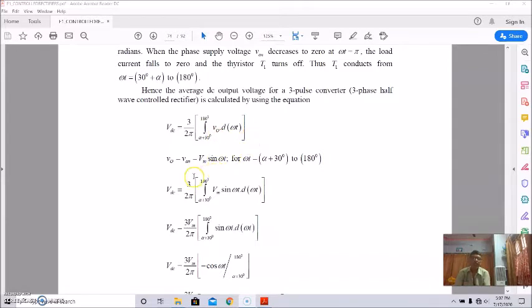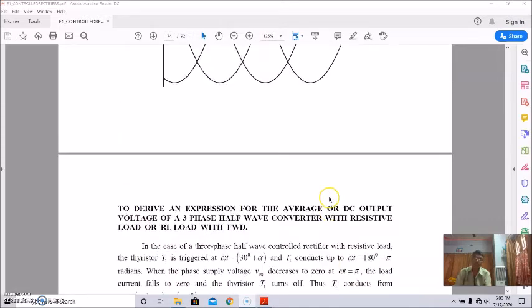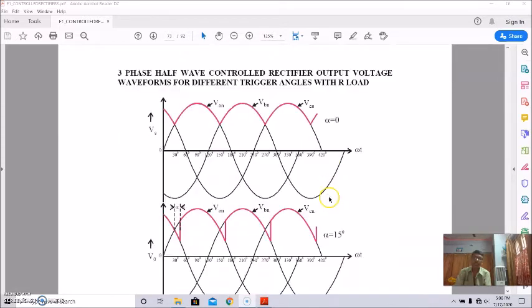And you know this output voltage V0, that is the instantaneous voltage VAN, is equal to Vm sin omega t for omega t from alpha plus 30 degree to 180 degree. That is shown here in our earlier waveform.